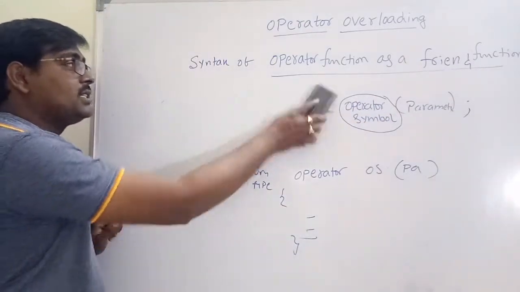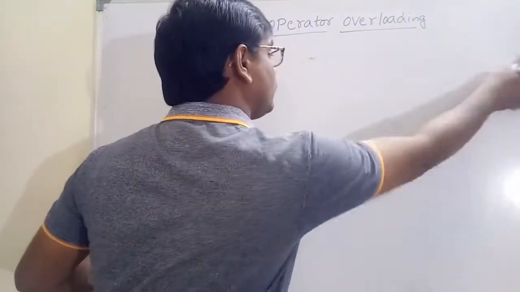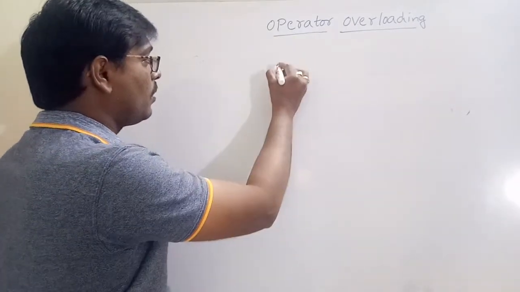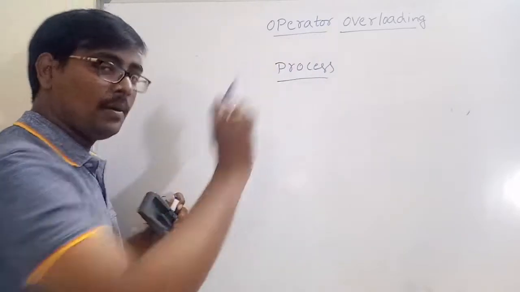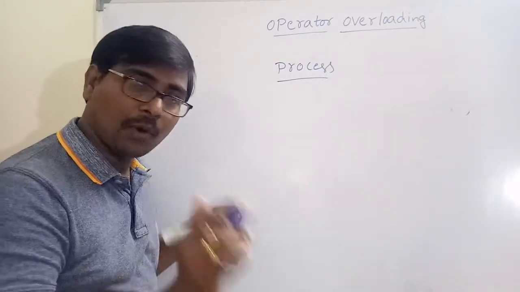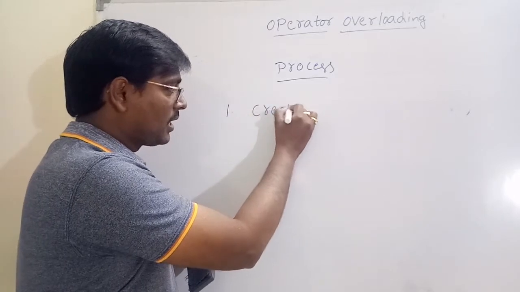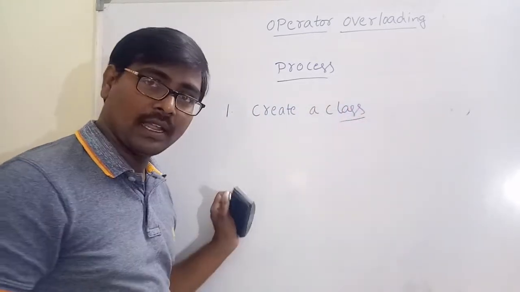Finally, what is the process to perform operator overloading? The process is very simple. The first step is to create a class. Why do we have to create a class?